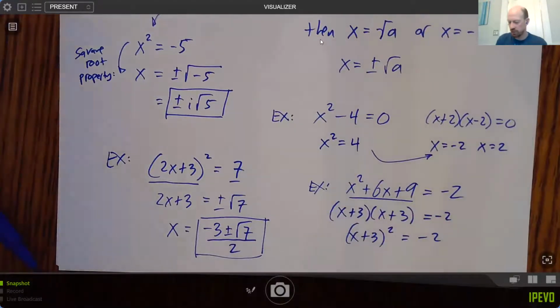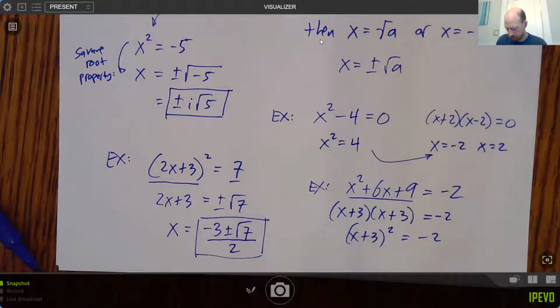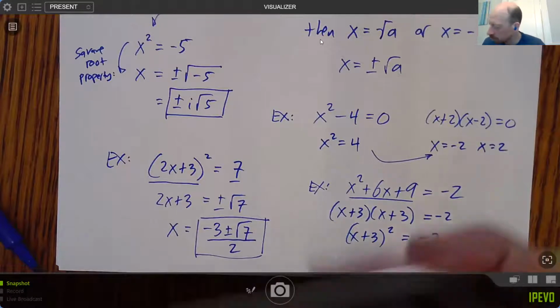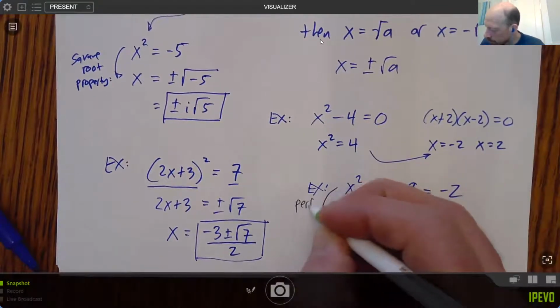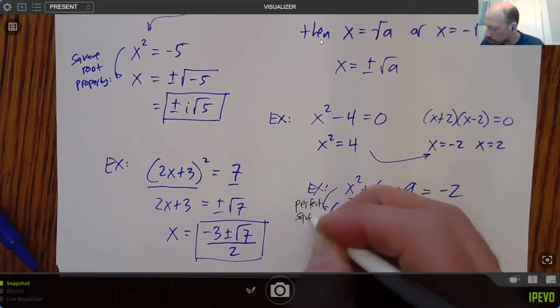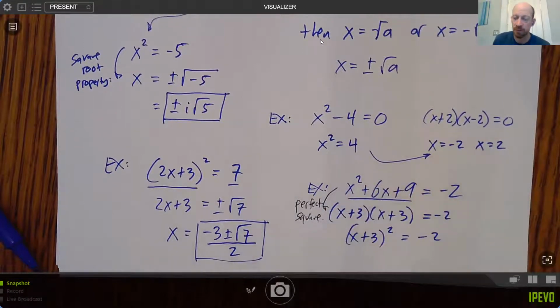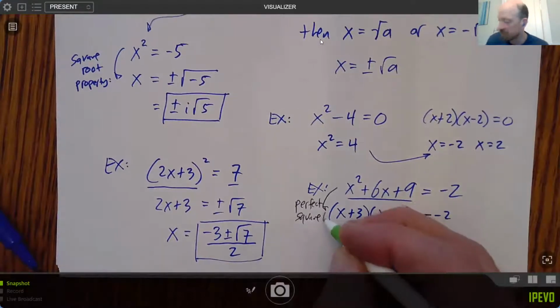Get another color here. I don't have another color. Perfect square. I'll put a little exclamation point there.